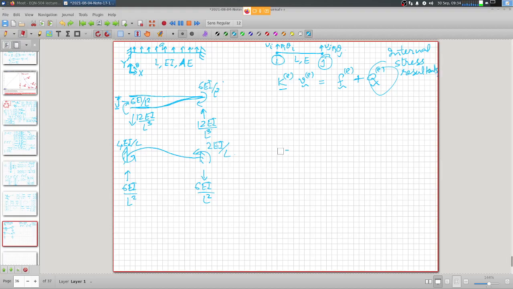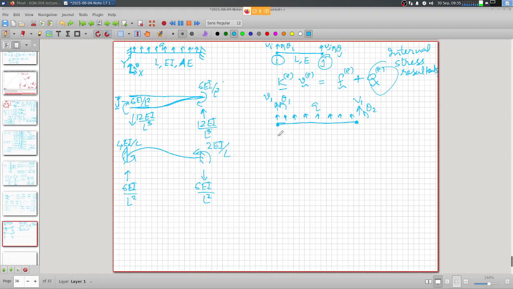So if you model the entire problem by just one element, and this is Q, right? So this Q will be replaced by, and we have degrees of freedom V1, theta 1, V2, theta 2.